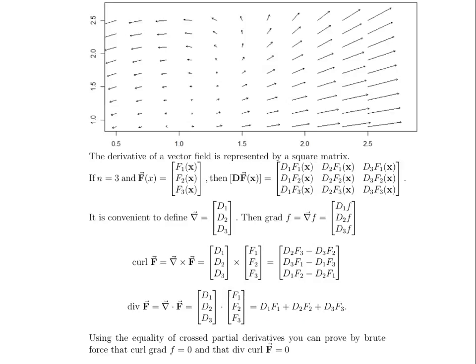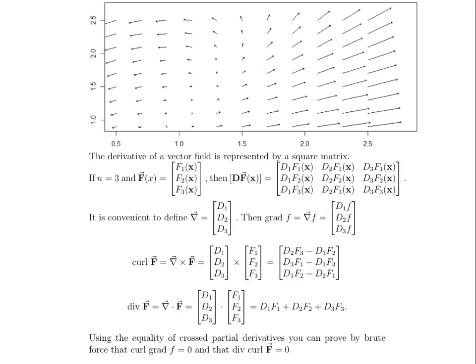So del really comes in handy, especially when defining this notion of curl and this notion of divergence. What's interesting is that there are two major equalities that hold, and the proof becomes really easy once you understand that mixed partials are equal under particular conditions.